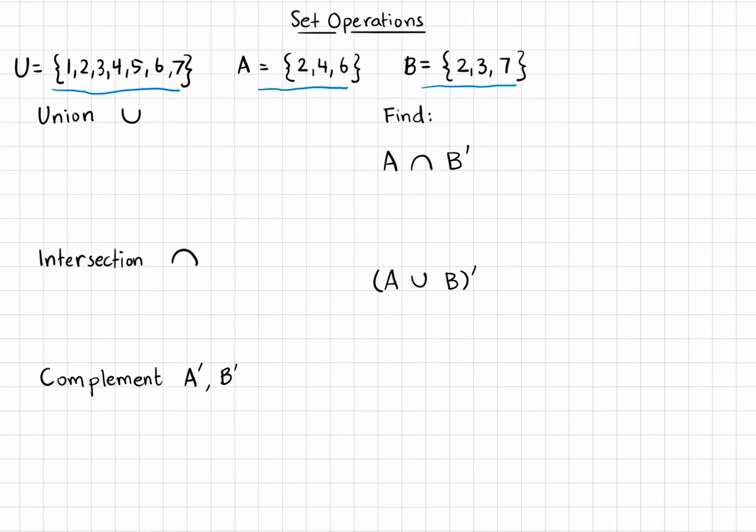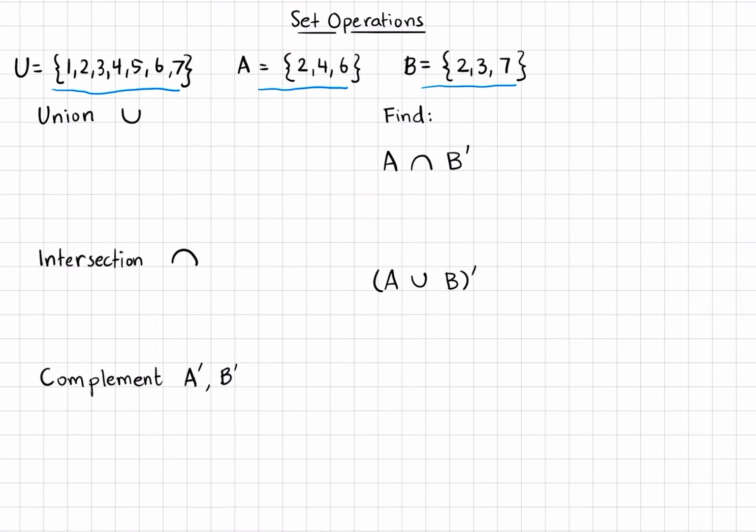Okay, so the first operation we're going to be talking about is union. And first of all, how do we actually use it? The symbol for it is this kind of wide U shape. It's not really a U letter.